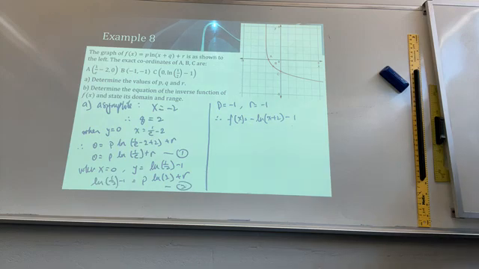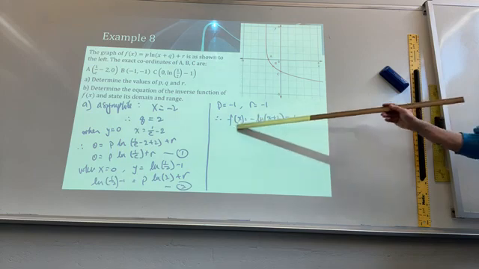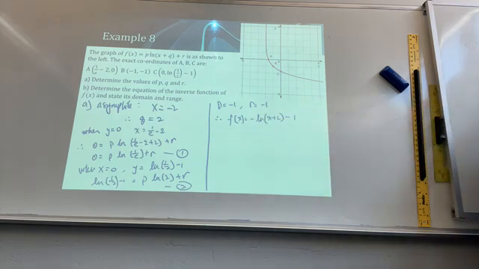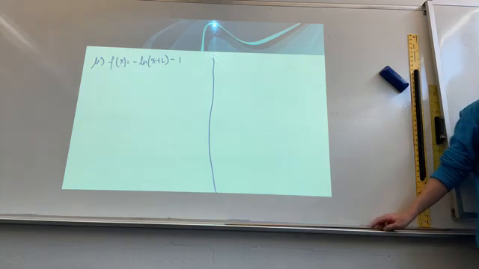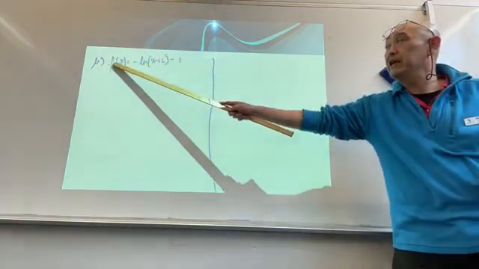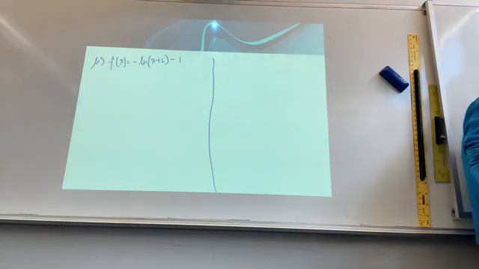Now, you need to determine the inverse function of f(x). Since you know this, you need to swap your x and y. I'm going to do it on a different page. P was negative 1, so that is the equation that you have: y equals minus ln(x plus 2) minus 1.